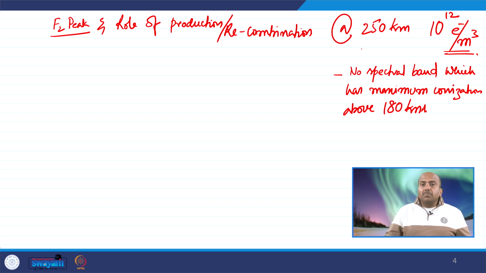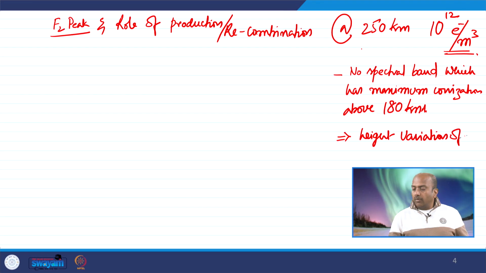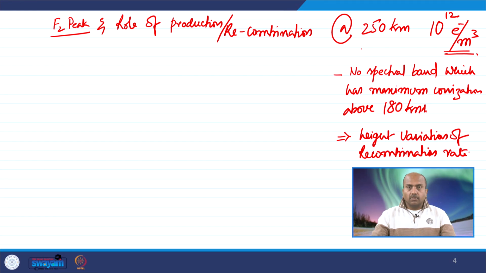The answer simply lies in the height variation of recombination rate. There are several processes by which electron density is effectively removed from the ionosphere. Some processes are very fast and some processes are very slow.